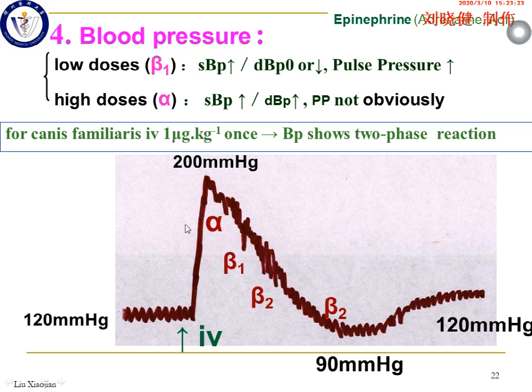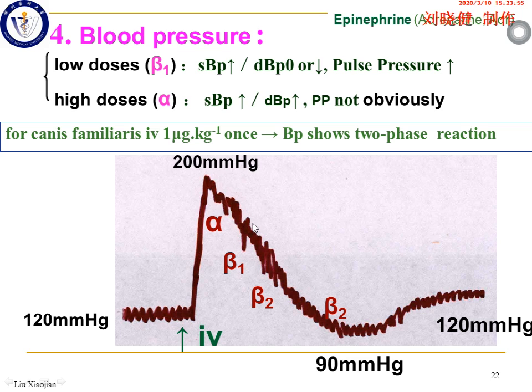At the beginning, the concentration of epinephrine in plasma is relatively high. It is similar to using epinephrine at high dose. So the effects of alpha-1 receptor activation predominate. So blood pressure increases obviously. Beta-1 receptor also contributes to this result.